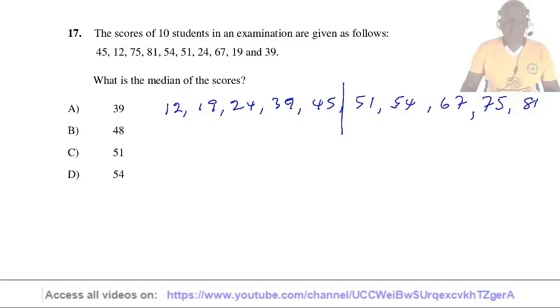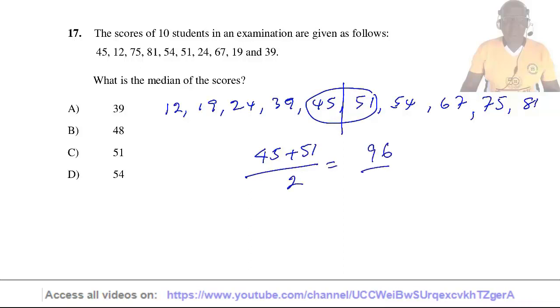So the median is going to be equal to 45 plus 51 divided by 2, which equals 96 divided by 2, which equals 48. So the answer is B.